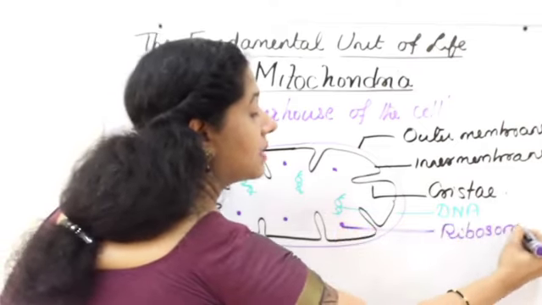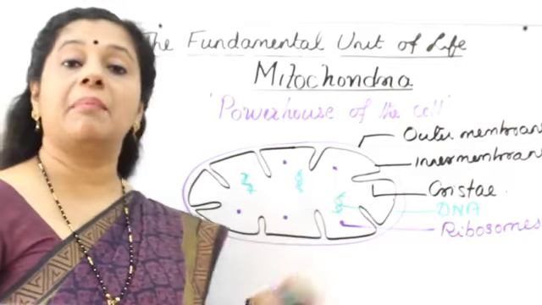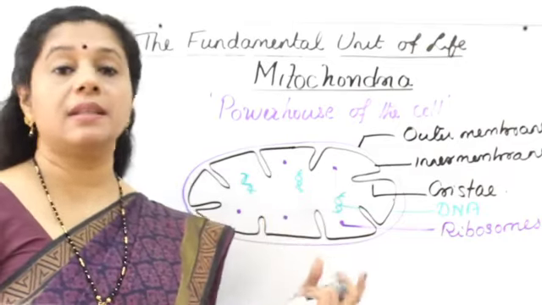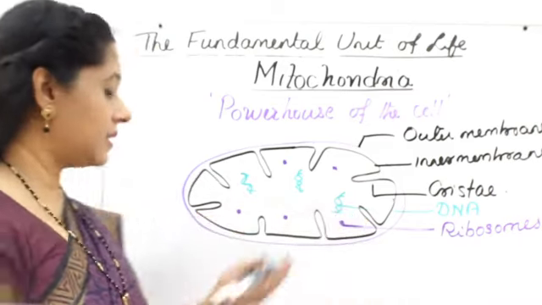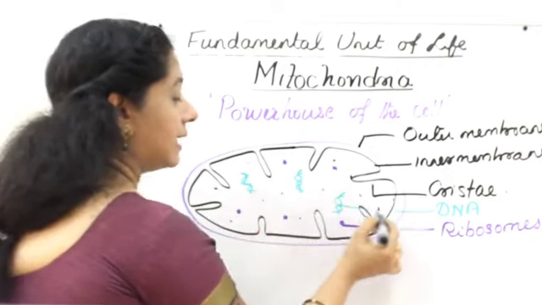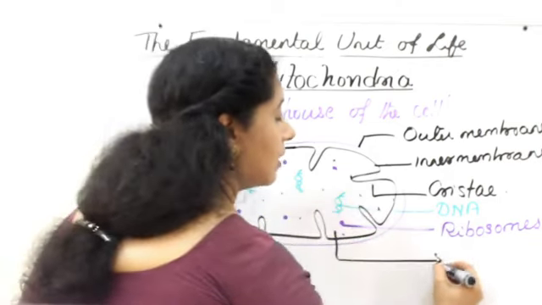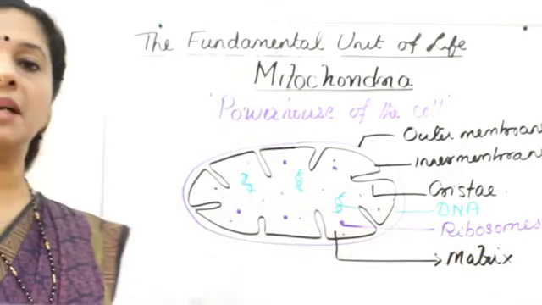We know ribosomes are the protein factories of the cell. So these organelles can prepare their own proteins using this information on the DNA and ribosome. And the liquid is there inside this. This, like cytoplasm, fluid that is called a matrix. So this is the structure of mitochondria.